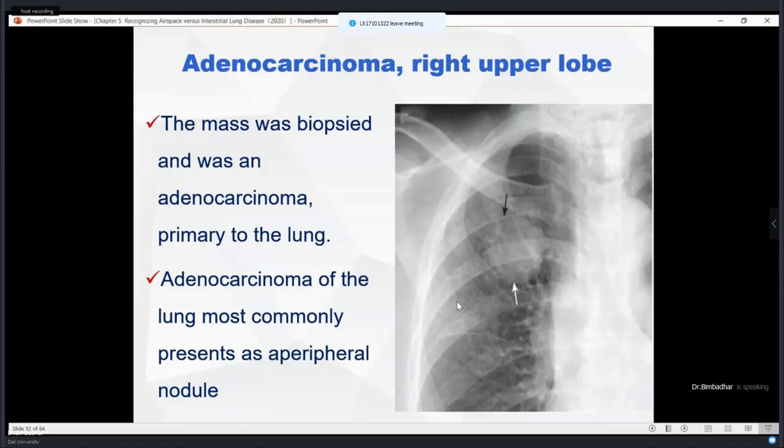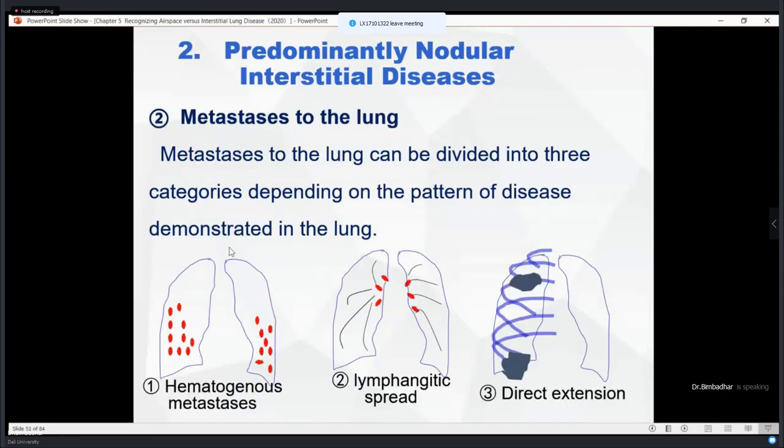Look here. Now, there is another thing called metastasis to the lung. If it is happening along the blood vessels, we call it hematogenous metastasis. Hematogenous metastasis appears as small nodules distributed bilaterally all over the lungs, and they can look like bigger nodules.